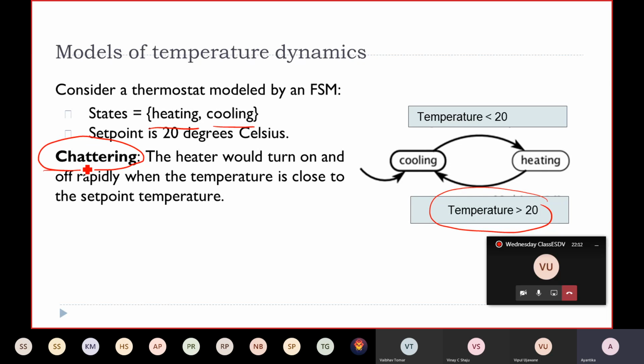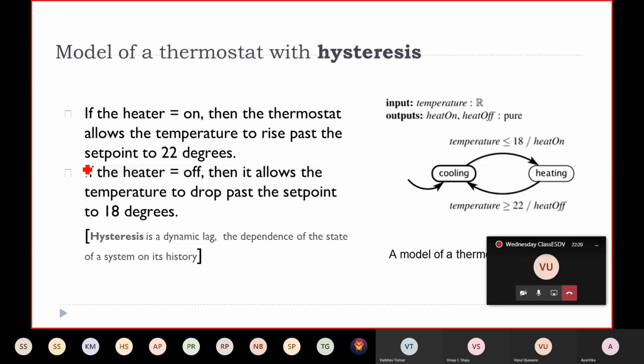So chattering is one significant problem that we should take care of when we are talking about FSM design. So how can we avoid chattering? Of course, in some cases it is obvious we cannot, but in some cases we can incorporate some hysteresis.